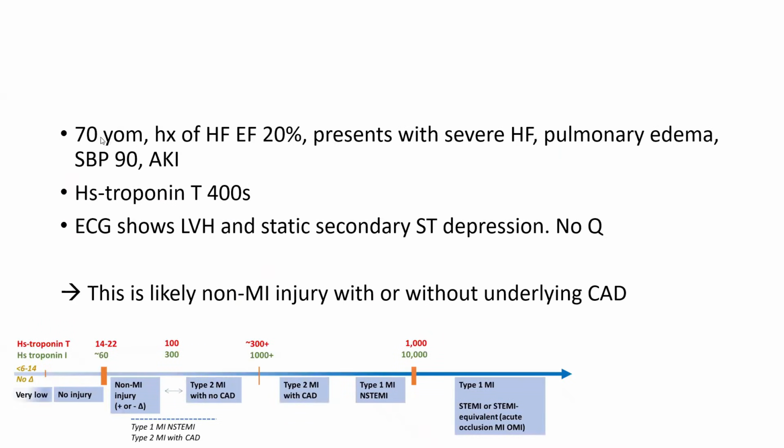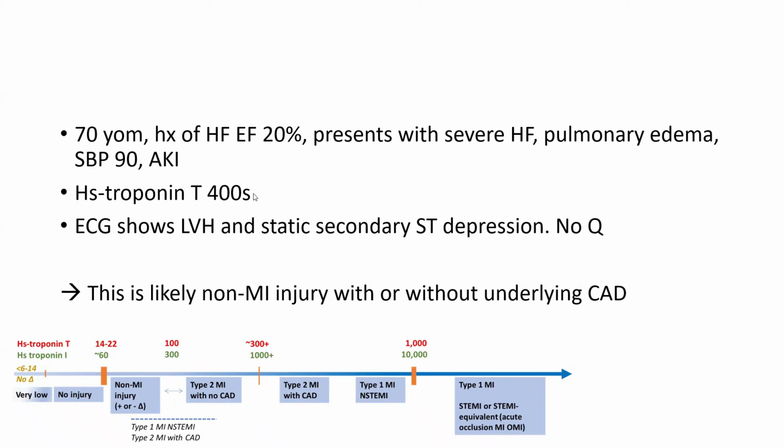This is another patient, a 70-year-old man. He has a history of heart failure with EF 20%. He presents with severe heart failure, pulmonary edema, lowish blood pressure, and acute kidney injury. His troponin T is in the 400s. EKG shows LVH and static secondary ST depression, no Q wave. This patient, his troponin is here, but I believe he most likely has a non-MI myocardial injury with or without underlying CAD.